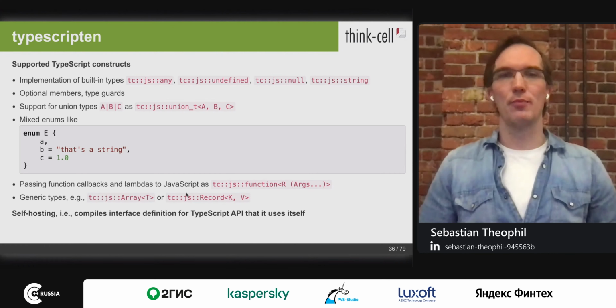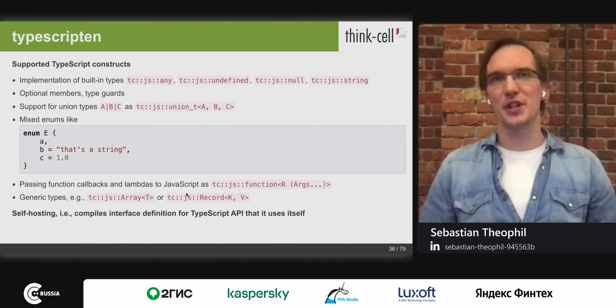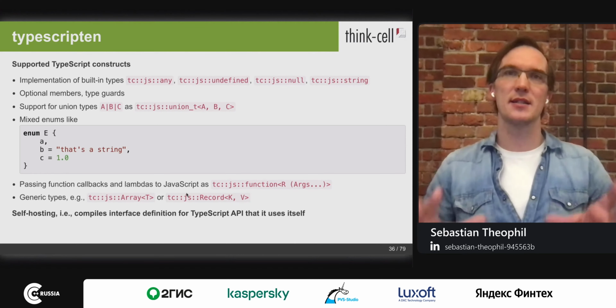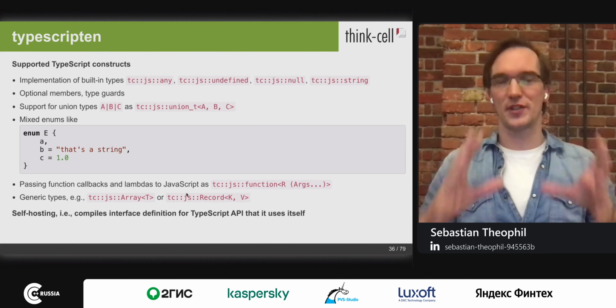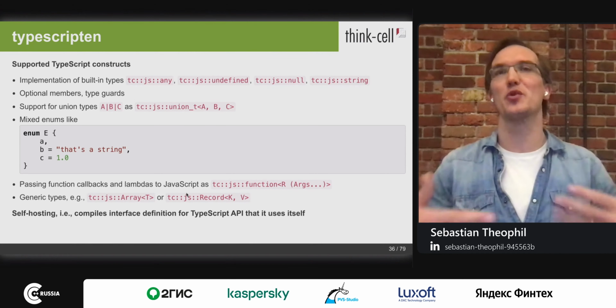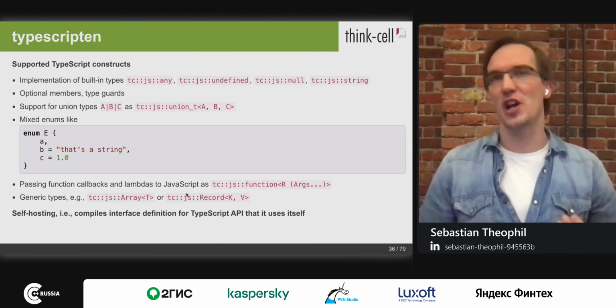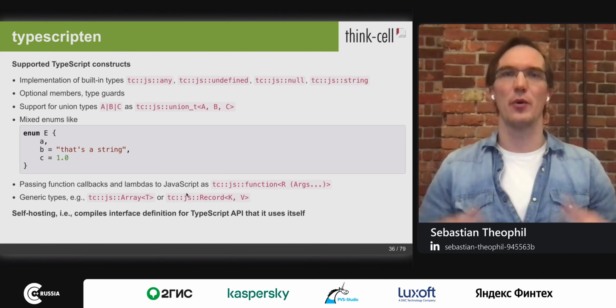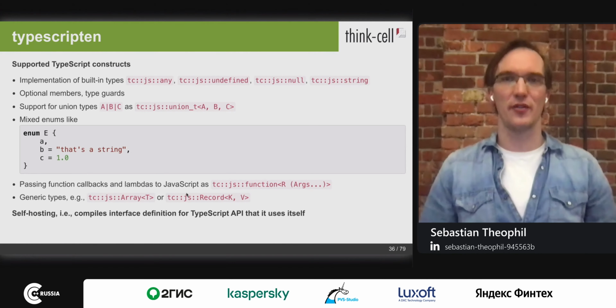As of a few weeks ago, our tool is now self-hosting, which means it understands enough of TypeScript so that we can compile the interface definition for the TypeScript API itself, which our tool uses, of course. So our tool itself is written using itself, so to speak.